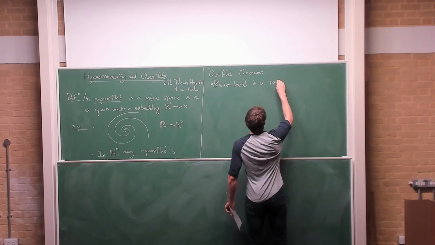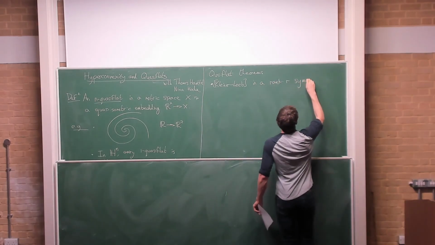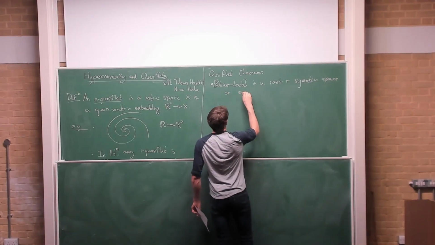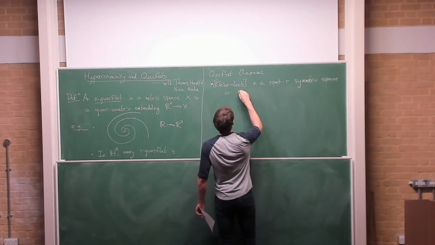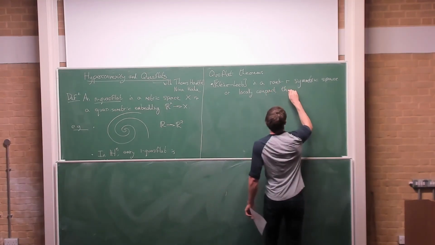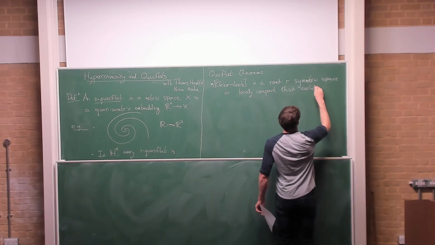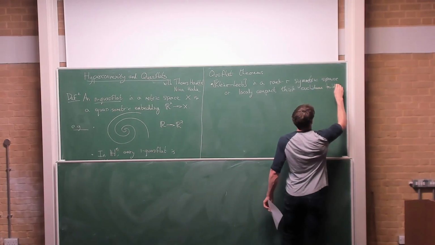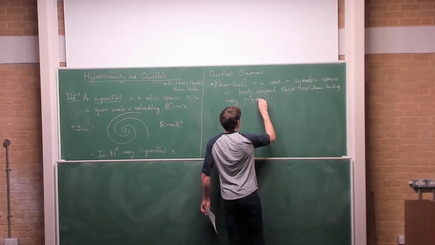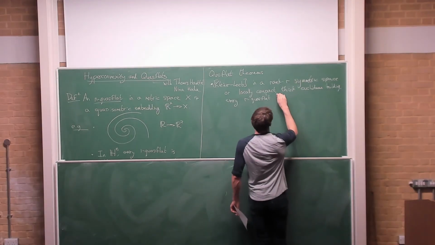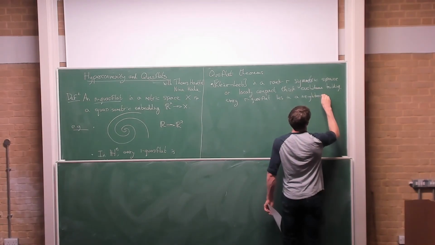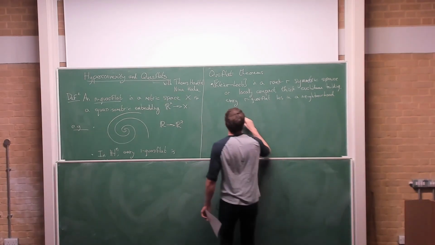In a rank R symmetric space, or locally compact thick Euclidean building, every R quasi-flat lies in a neighborhood of a finite union of flats.